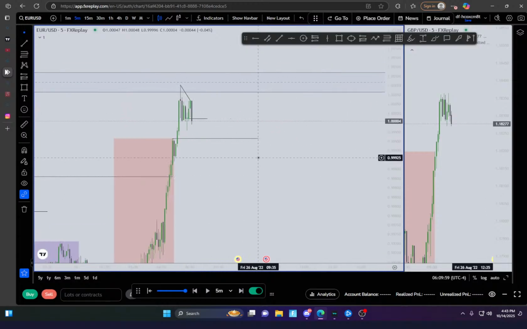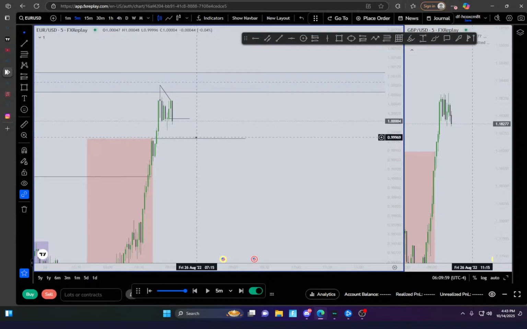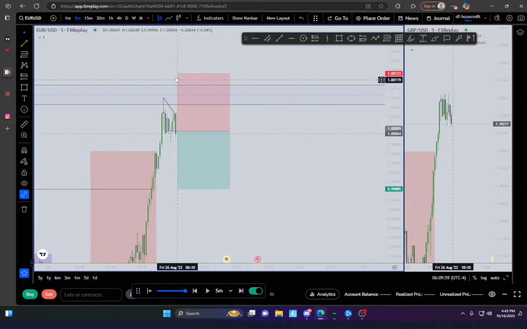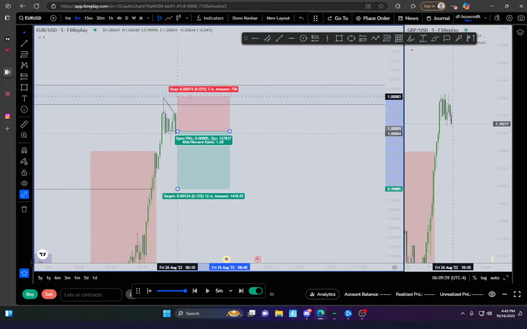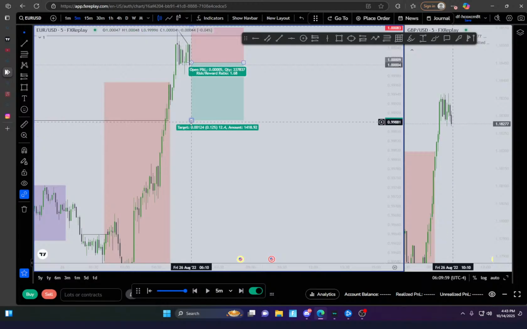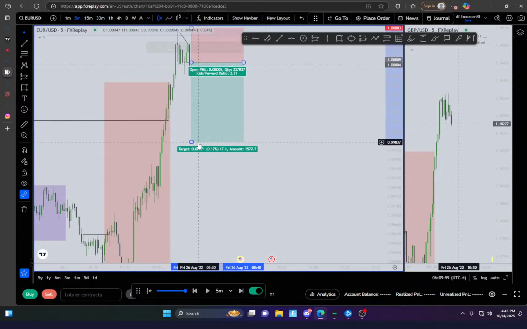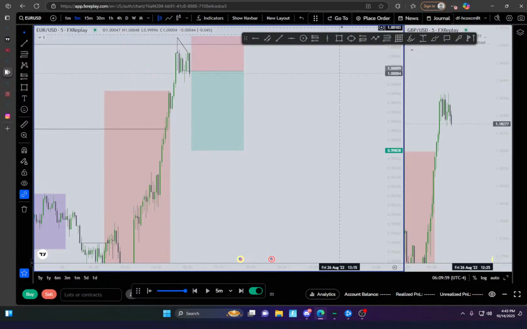Because if we do get a reaction off of there, would I count that as a SMT? I think this might be valid. Change the state, SMT. Then aiming for this inefficiency, and no, aiming for 50% of this inefficiency.